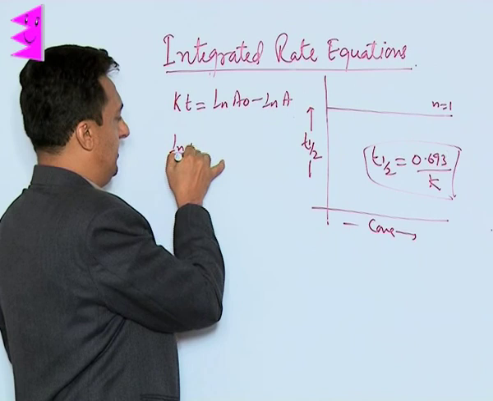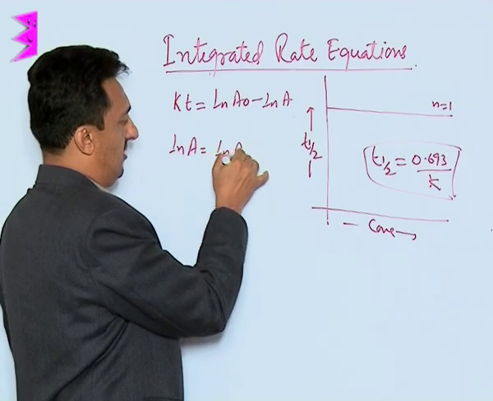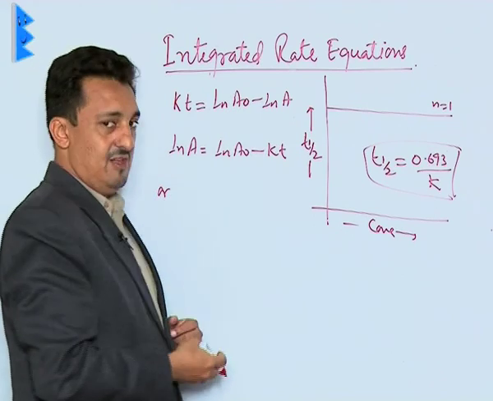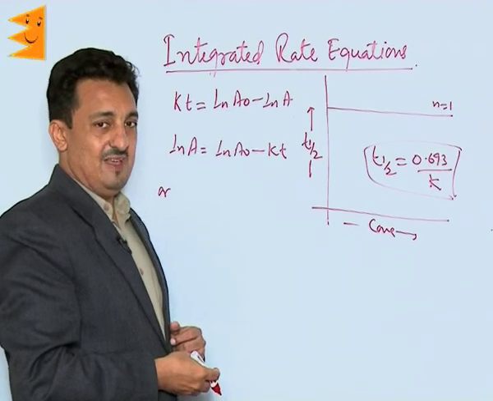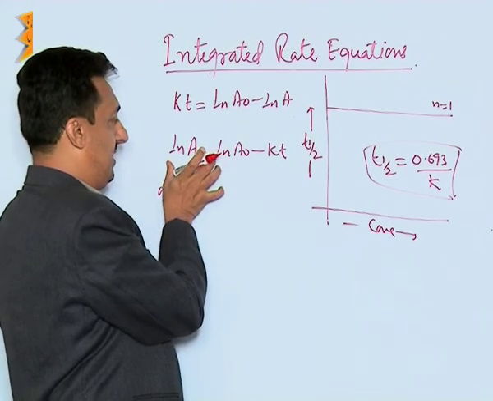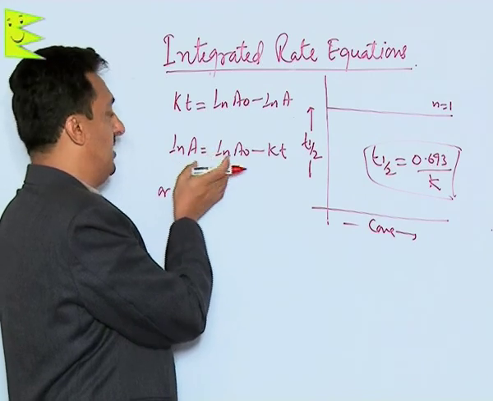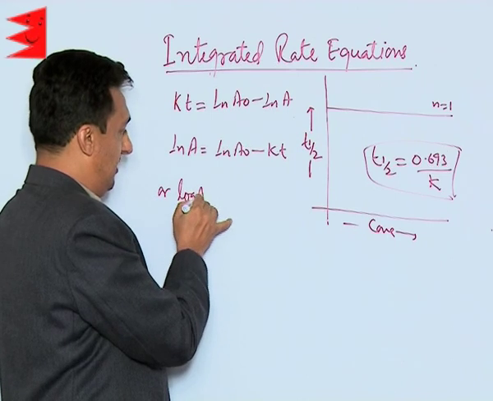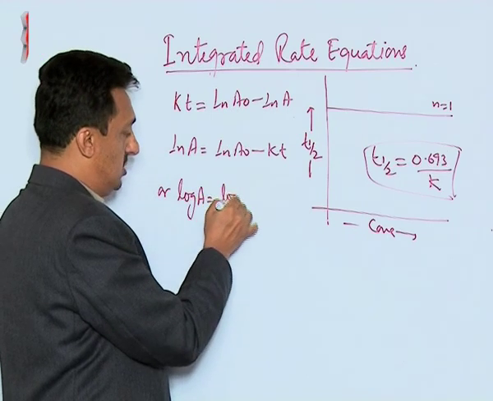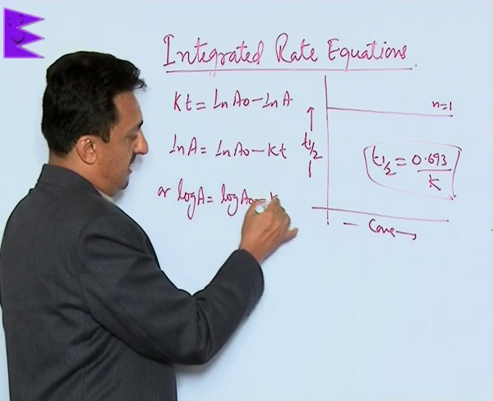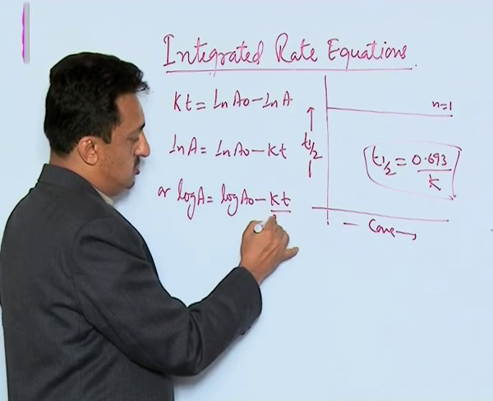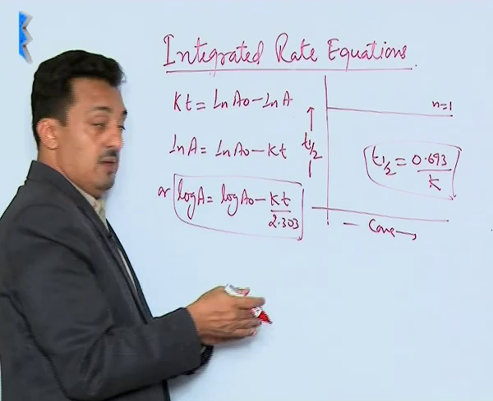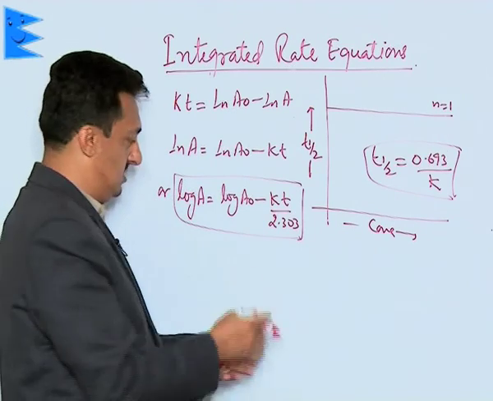It will become natural log of a naught minus kt. Or let us change both of these logs from natural log to log base 10, and we have to multiply them then by 2.303. If they are again divided by 2.303, they can be written as log a equals log a naught minus kt upon 2.303.